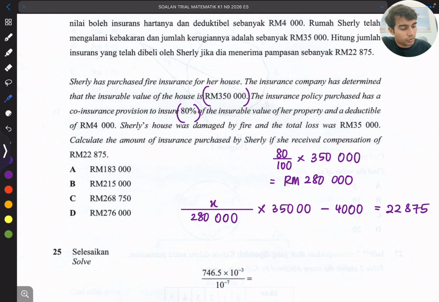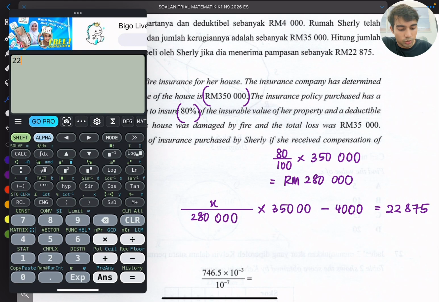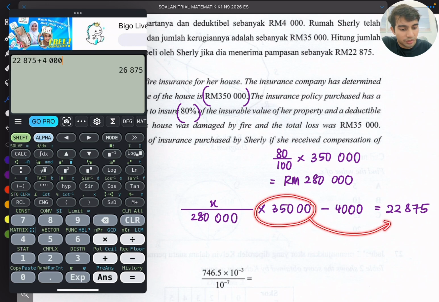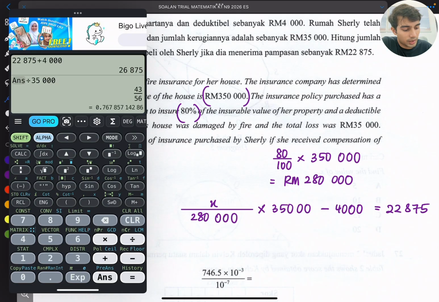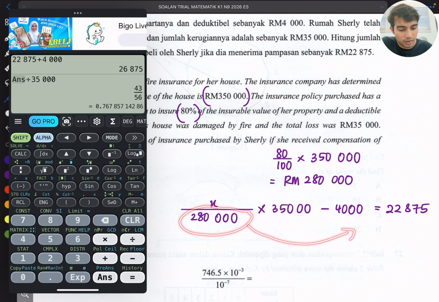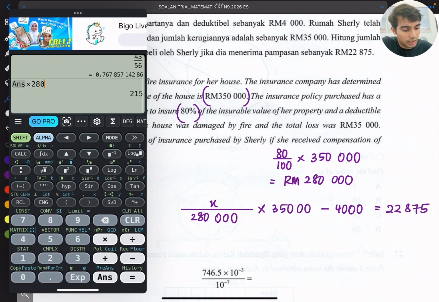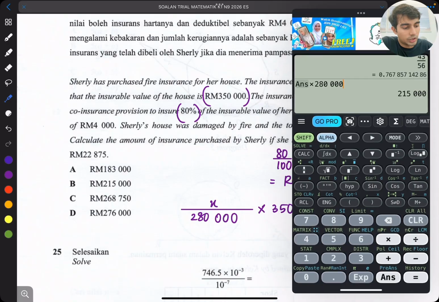So 4,000 we bring there first, becomes plus. 22875 plus 4,000. And then this one is times, right? So you bring here, become divide 35,000. And then this is divide, you bring there, become times 280,000.